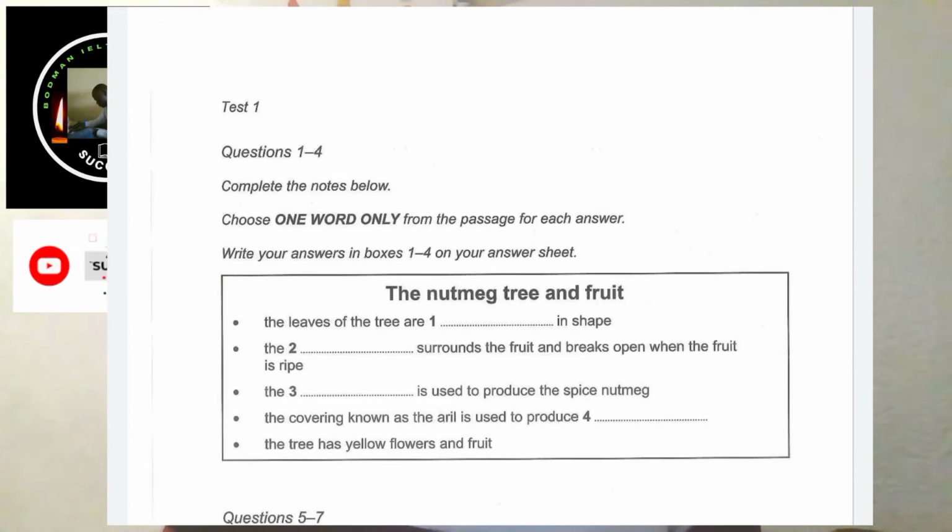But the question did not stop there. The dash surrounds the fruit and breaks open when the fruit is ripe. That thing you are suspecting in the passage, let's say the passage says, oh, Boardman surrounds the fruit. So most likely Boardman will be the answer.